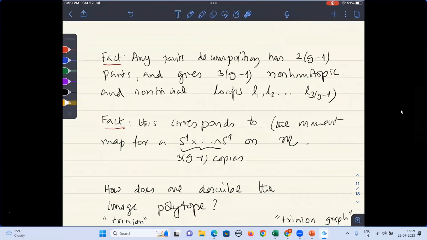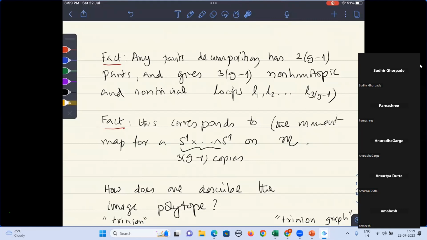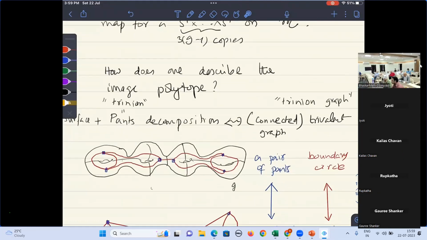And this corresponds to the moment map for S1 cross S1 cross S1, 3 times G minus 1 times, on M. So this is in some sense the deepest part of this work, which is due to Goldman. In great generality, he described functions on the so-called character varieties, which are representation spaces of fundamental groups in various groups, and corresponding functions. And he also described the corresponding actions.